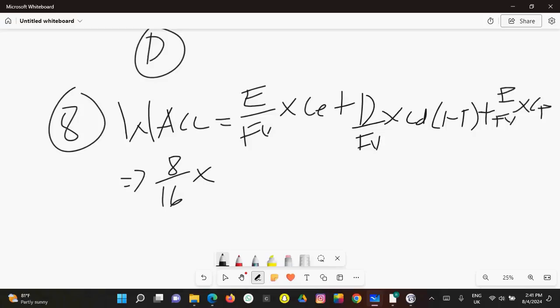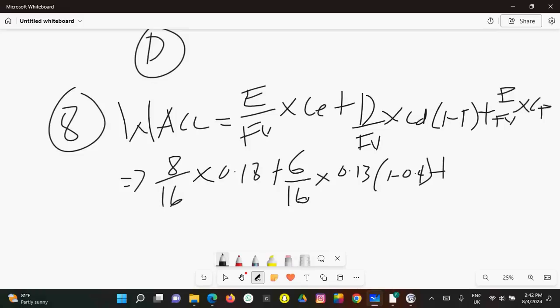And the cost of equity here is 18%, so 0.18, plus the cost of debt, which is 6 over 16 times its cost of 13%, so 0.13, and then the tax savings is 1 minus 0.4, plus 2 over 16 for the preference share, and the cost of preference share is 12%, so 0.12.